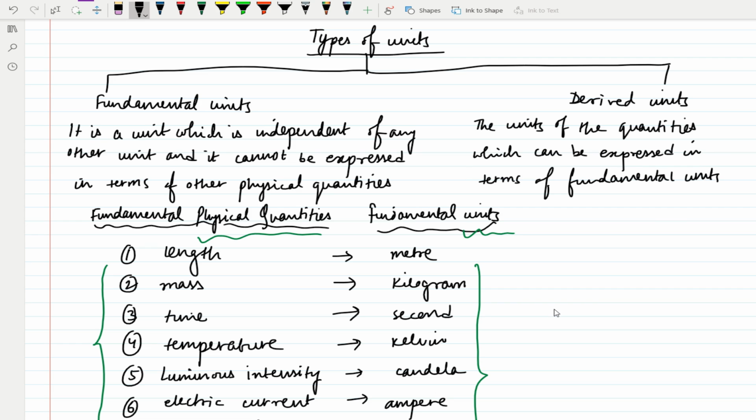So remember, derived units are made up of fundamental units. So the physical quantities they represent are made up of fundamental units.